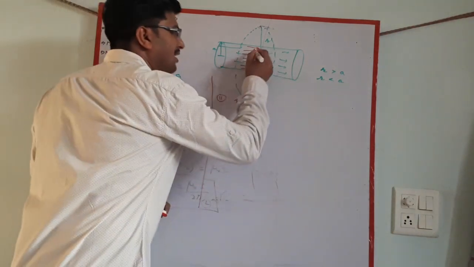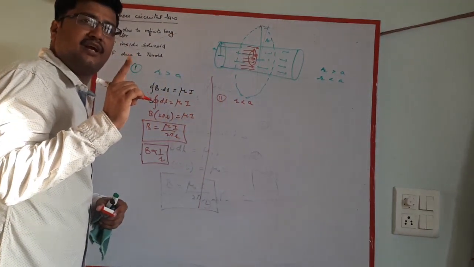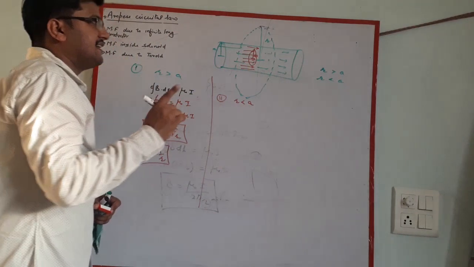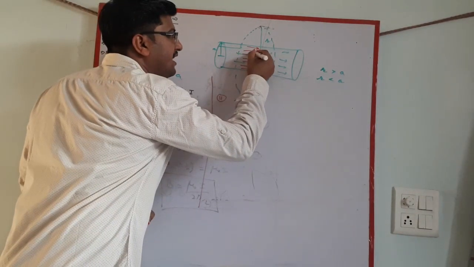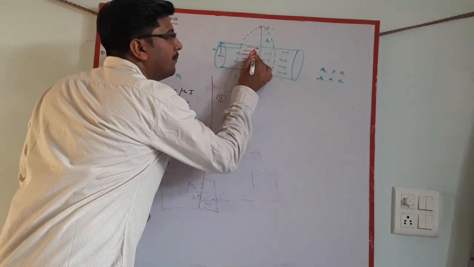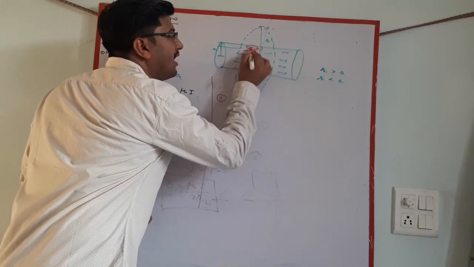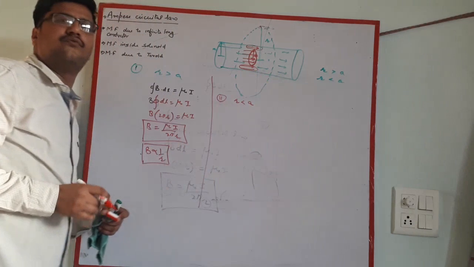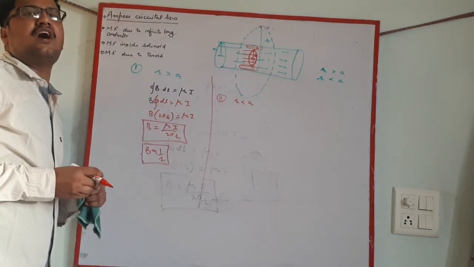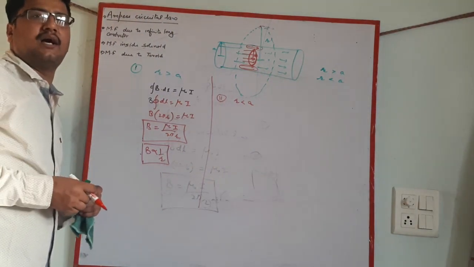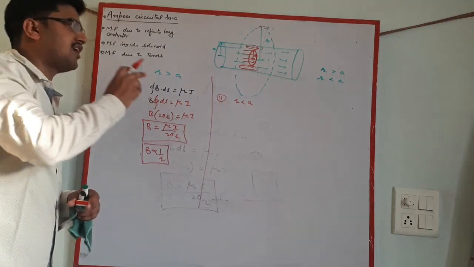But Ampere's law says that we have to include only those currents which are passing through the loop, and those currents which are passing outside of the loop, we must not include in the formula. So the value of the current changes here.